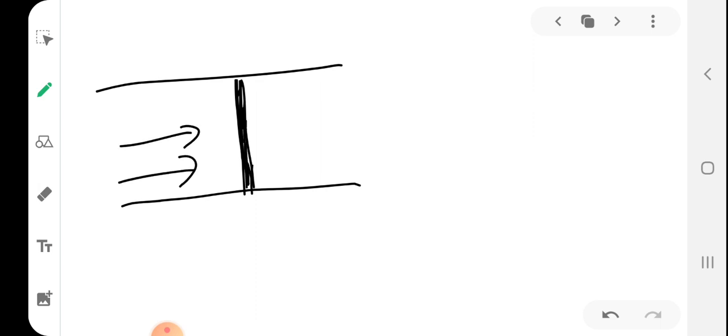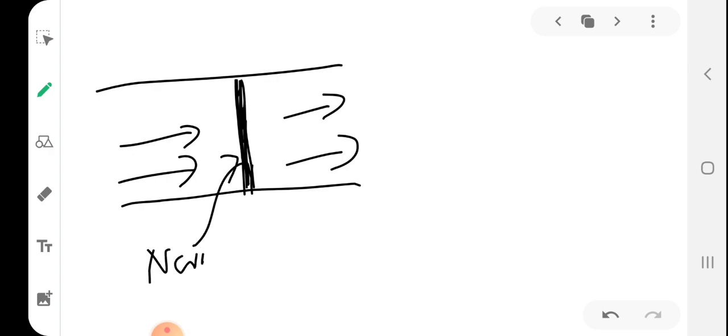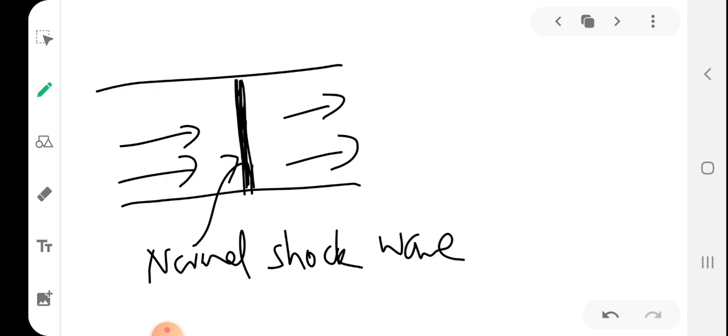So flow is happening, suddenly a shock wave is produced. So this is the normal shock wave. You can see that the geometry of that shock wave is perpendicular to the direction of the streamline. Let this flow rate be m dot, and after that shock wave also the flow rate remains the same.